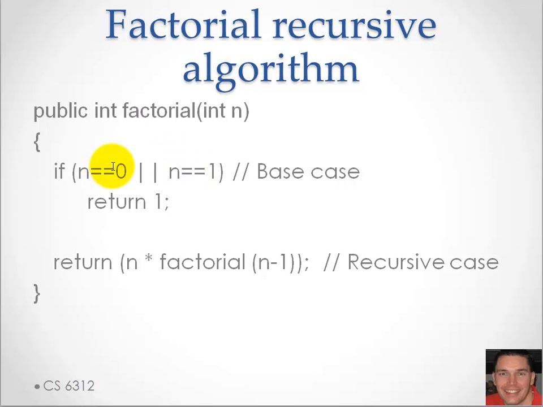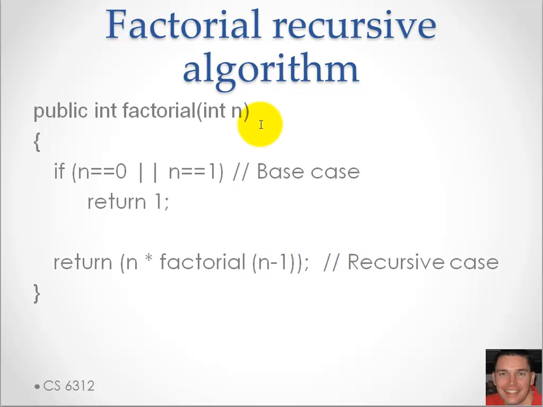So here I can write the factorial algorithm recursively. So here I have my method declaration. I'm going to do a check for my base case and saying, have I reached my base case? If I have, then I'm going to return 1. Otherwise, what am I going to return? I'm going to return the value passed in times factorial of 1 less than that. This is my recursive case.